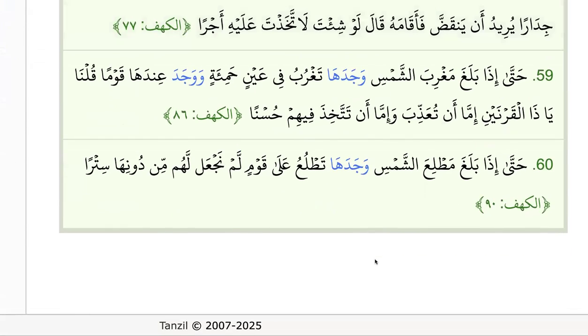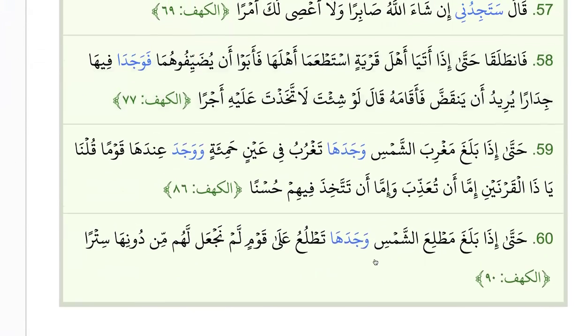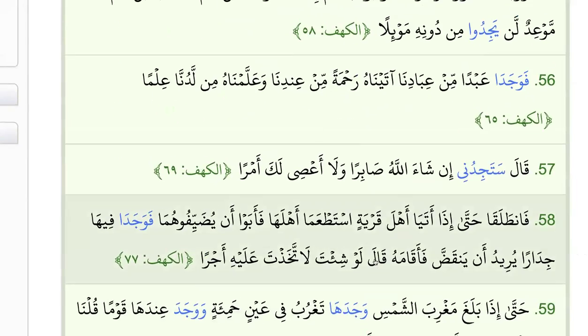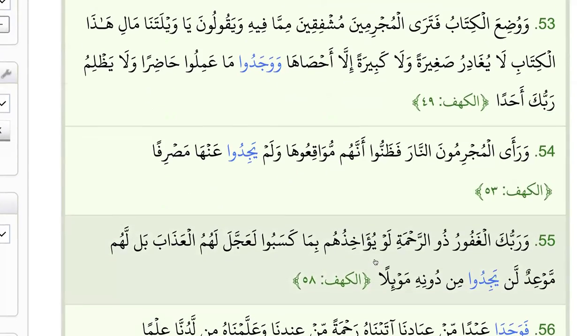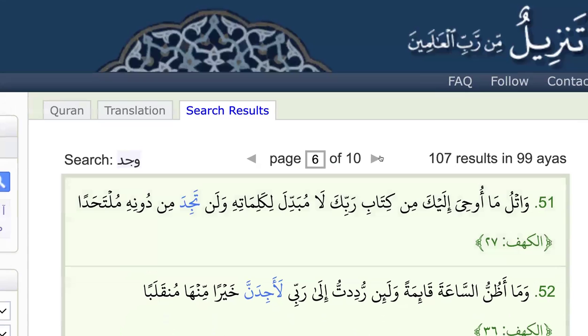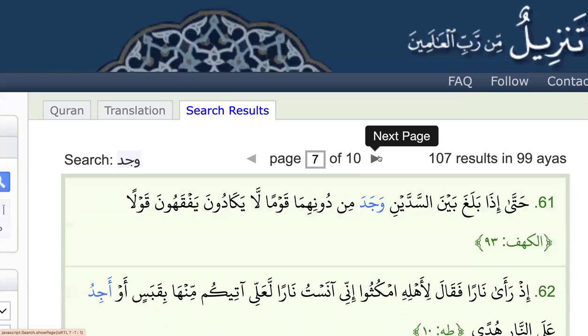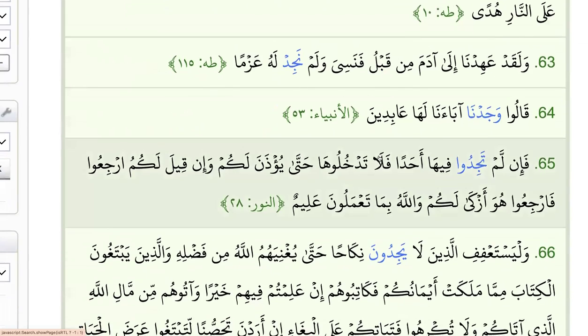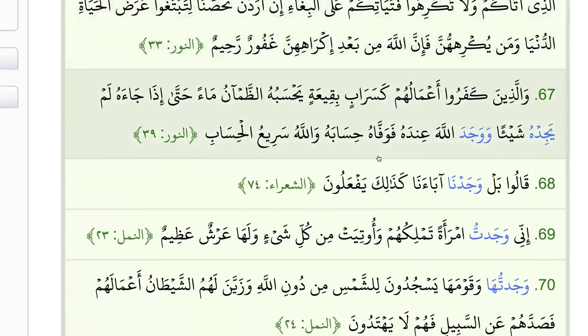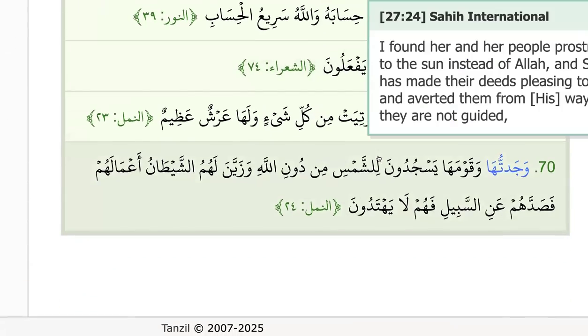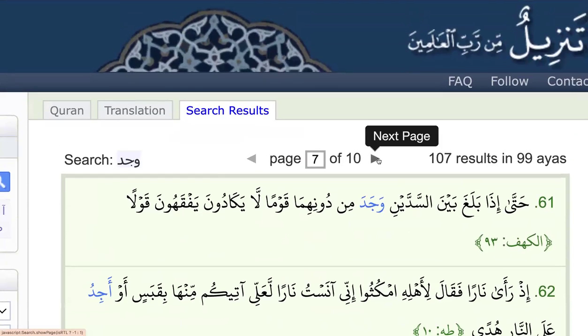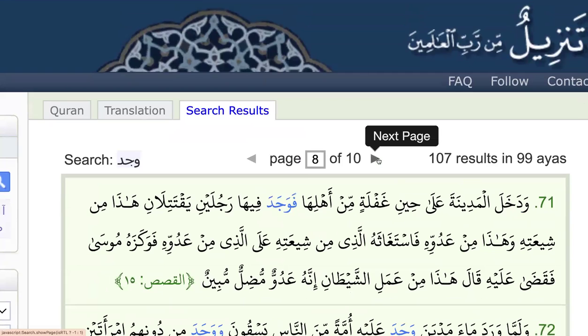And if I'm reading it as ijadun, am I noticing any ilal in that word ijad? Yes, there is ilal bil qalb. My waw got changed into ya.